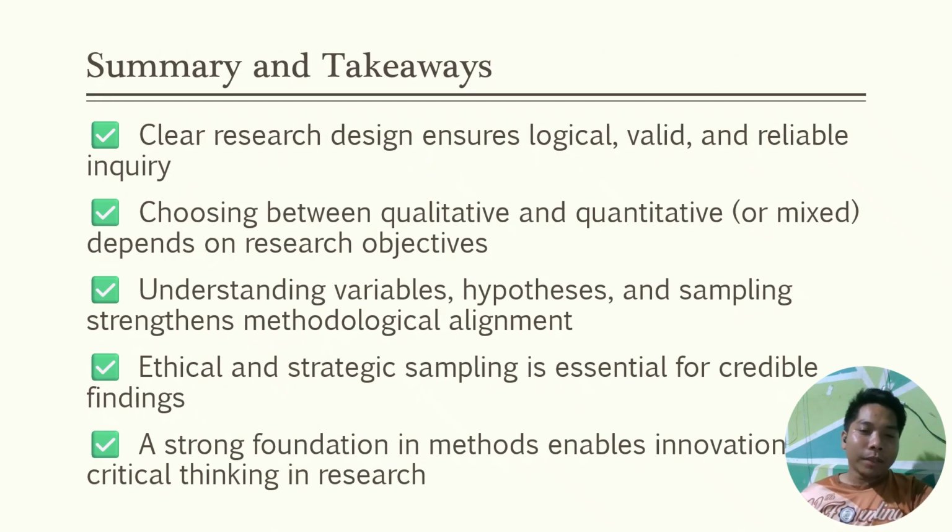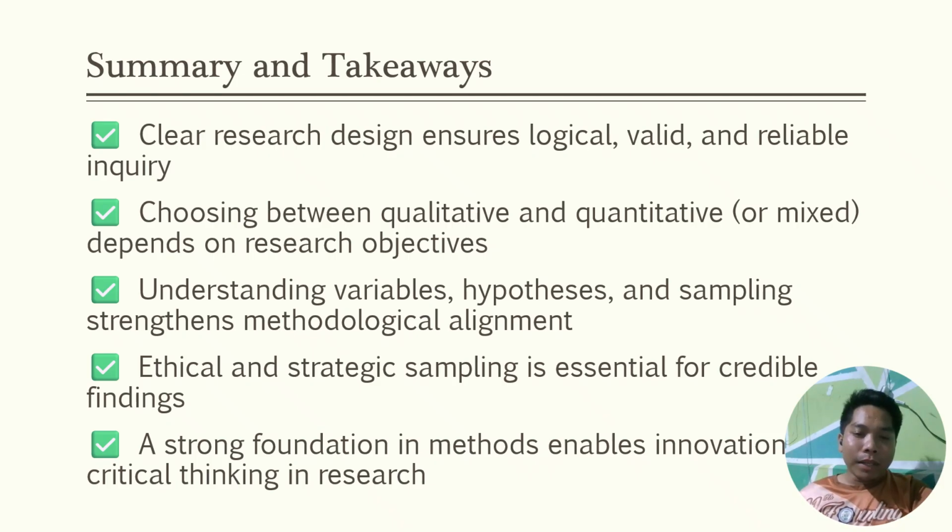So in summary, in the form of takeaways: proper research design ensures logical, valid, and reliable inquiry. Choosing between qualitative, quantitative, or even mixed method design depends on your research objectives, so you need to be familiar with them. Understanding variables, hypotheses, and sampling strengthens methodological alignment.